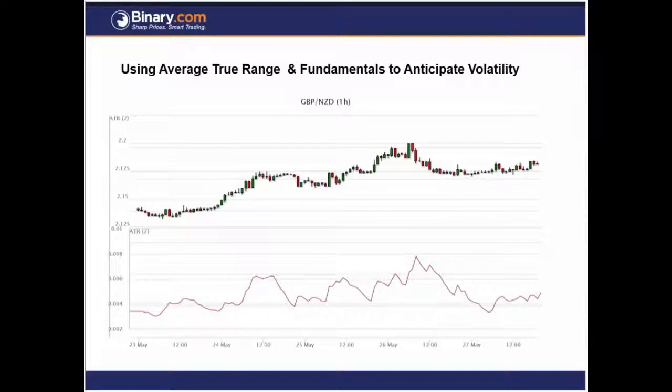To me, this represents the opportune trading times when we see the average true range peak in the day. Here we have a peak. Here we have a peak. Here we have a peak. To me, these are opportune times to trade.